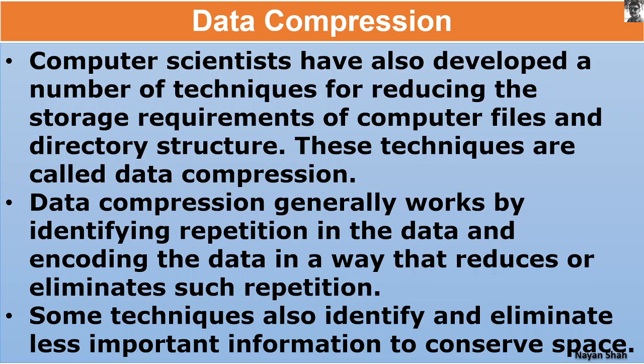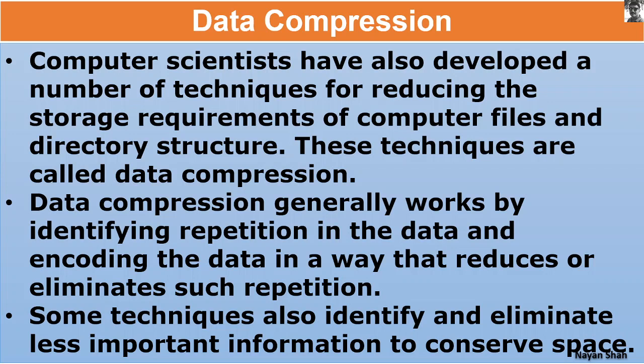Now data compression. Computer scientists have also developed a number of techniques for reducing the storage requirement of computer files and directory structures. These techniques are called data compression, and it is very useful because it has two benefits. It saves space and the data gets transferred to other devices fast.